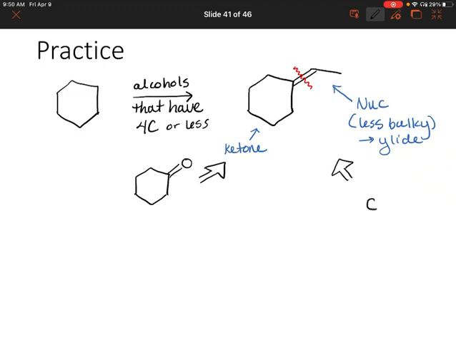So that would mean we have carbon bonded to a hydrogen and a methyl group, right? Because we've got a methyl group and a hydrogen up there. And because we know we're using an ylide to go through this reaction, the other side here would have a phosphorus with 3 phenyl groups.